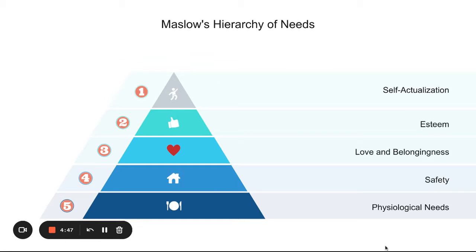So, for instance, physiological needs are the most basic needs that we have. And so that's food, water, usually shelter. These are our most basic physiological needs. So if we are deprived of our most basic physiological needs, then the needs above those, the next level of needs, aren't quite as important.